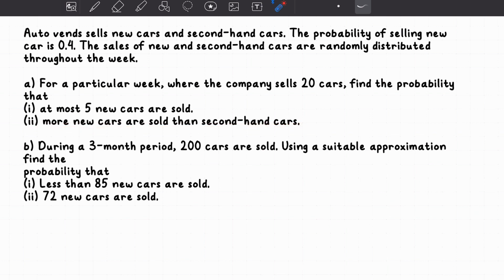So let us answer question A first. The clue is 20 cars and the probability of selling a new car is 0.4.